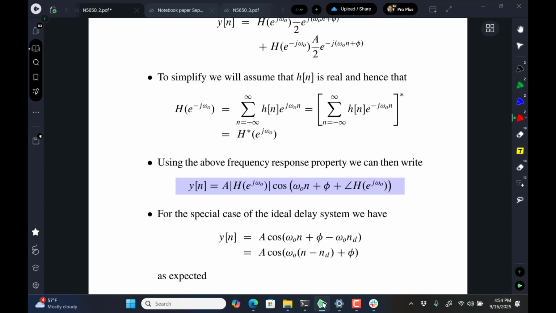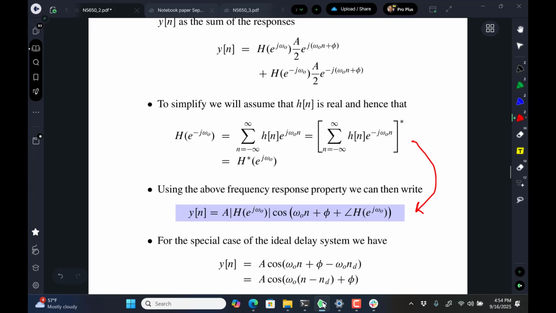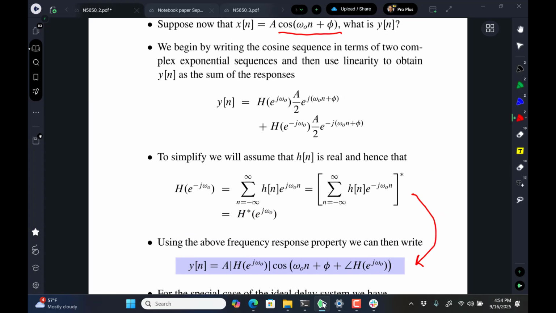and that's how we can then get the special result for the cosine. What I didn't go into last time is how do I know that I can carry this all the way down to here? And the trick is that if I want to develop a little theorem, and this comes up under the symmetry properties for the Fourier transform, if I want to replace omega naught by minus omega naught, because that's what we have in here, how do I know what the Fourier transform or frequency response of that is?